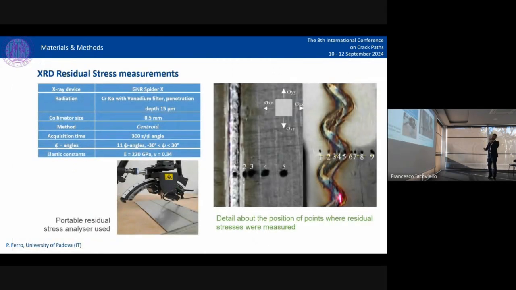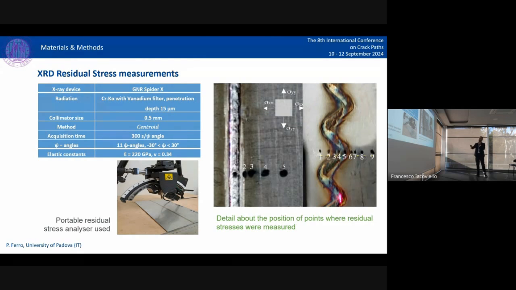About the residual stress methods, we use XRD residual stress measurement. Parameters used in the XRD measurement are given in this table. This is the facility that we use, the portable residual stress analyzer.